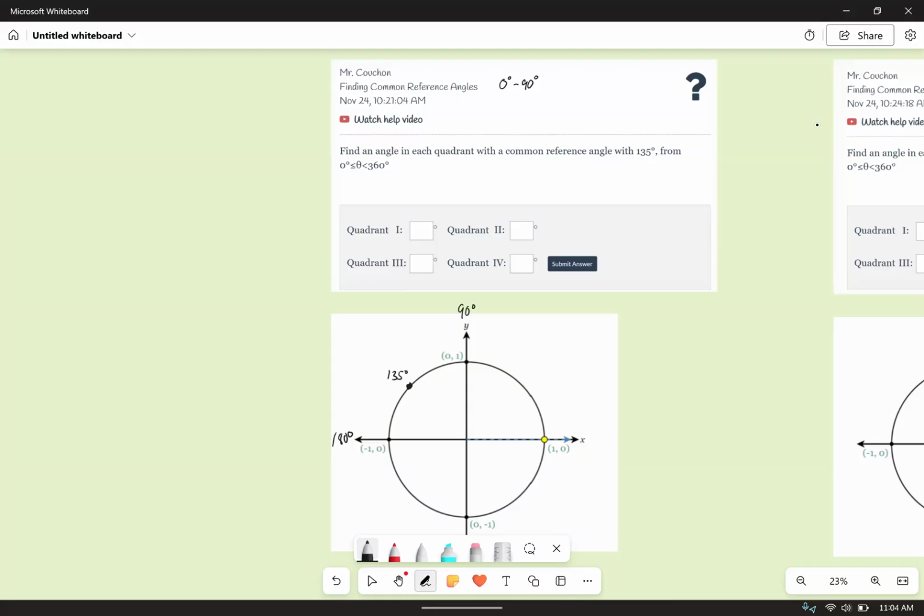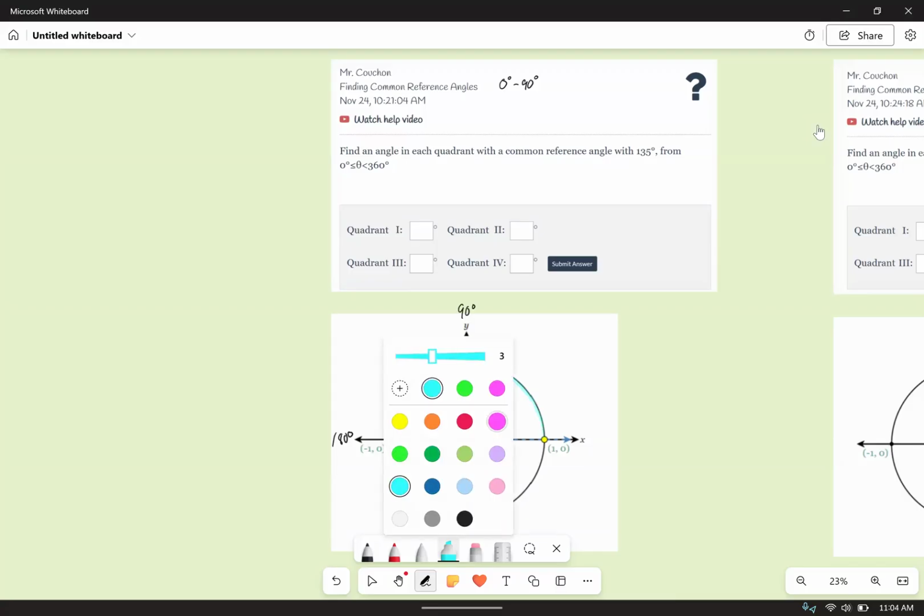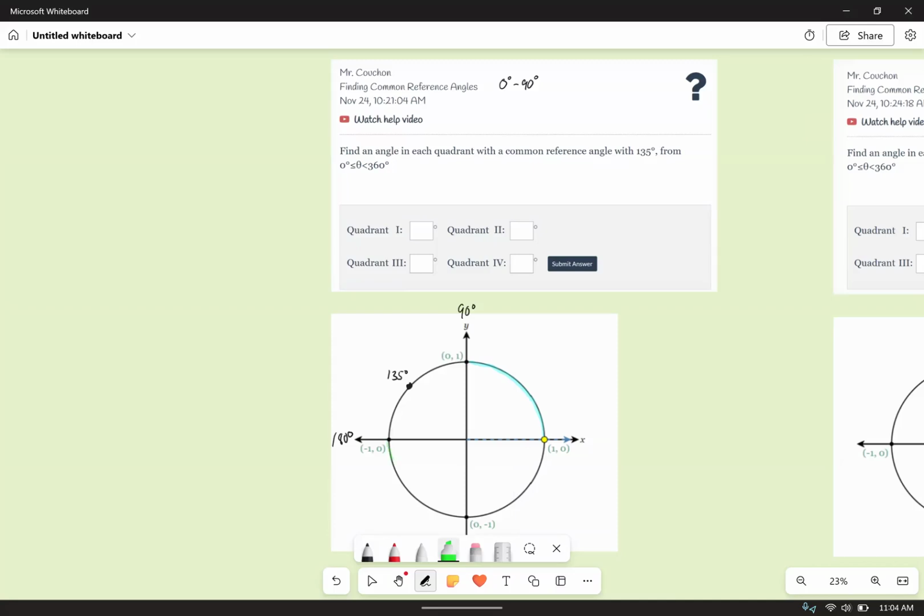So what we want to do is head to the different quadrants. We'll start with this one here and find angles that are 45 degrees past the quadrantal angle.